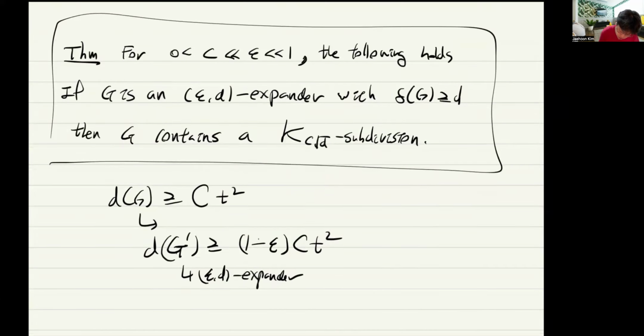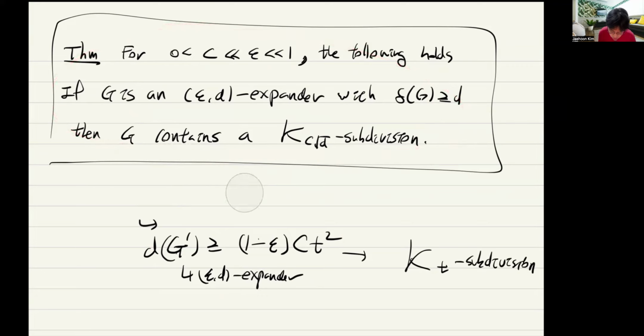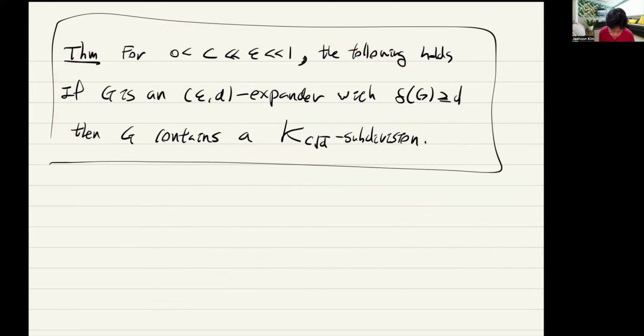And here you apply this lemma, then what? You get the case of small c times large c, assuming large c is large, and that's like a K subdivision. So once you have this theorem, then you can get what we wanted.